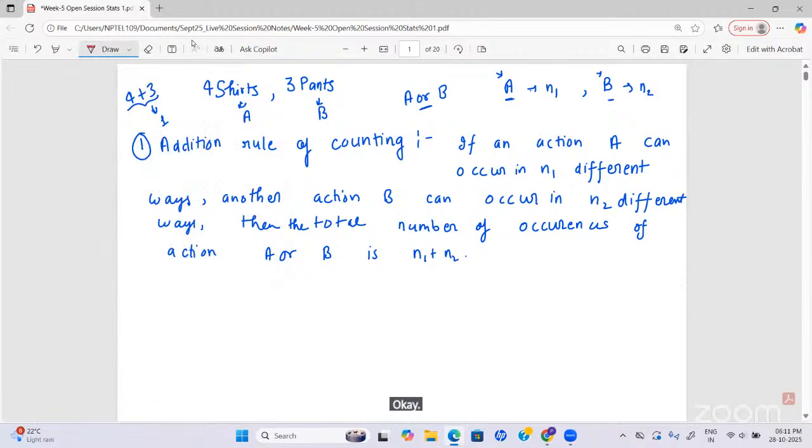You need to remember that when there is an OR condition, you have to add the number of possibilities for A and B.